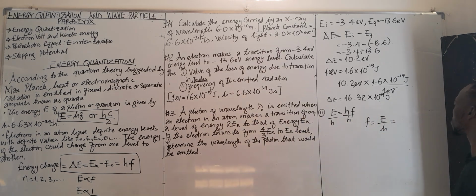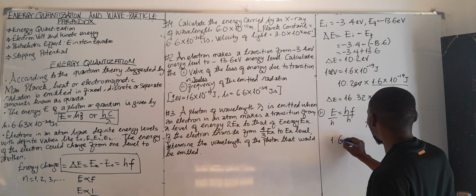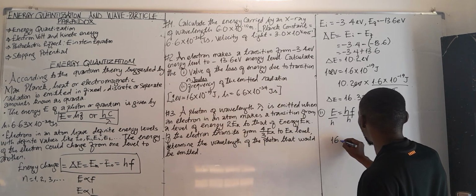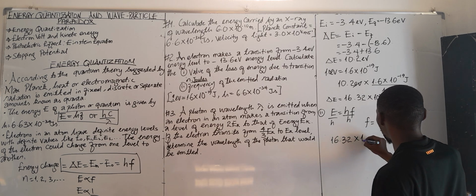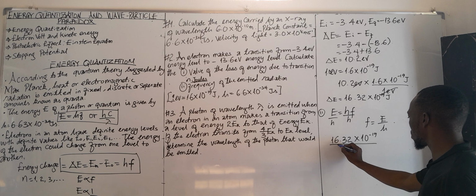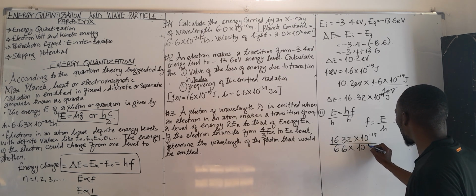What is h? h is the Planck constant. So this will be 16.32 times 10 to the power minus 19 over the Planck constant, which is 6.6 times 10 to the power minus 34.